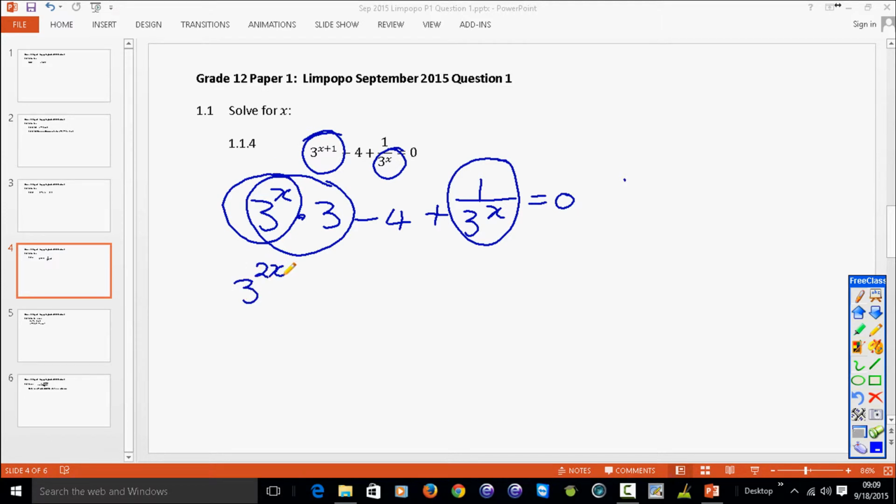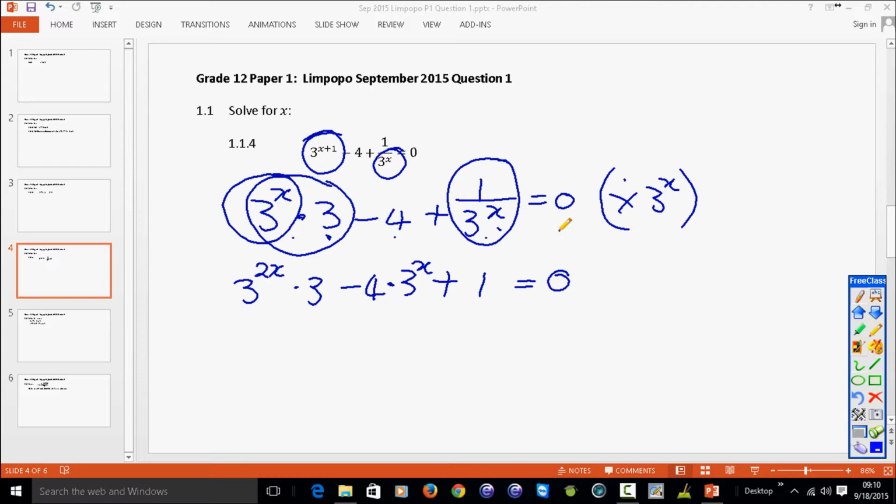We get 3 to the power 2x times the 3 that you have over there, minus 4 times, remember we are multiplying by 3 to the power of x, 3 to the power of x, plus, if you multiply this one by 3 to the power x, they cancel and you have only 1. And 0 times 3 to the power x is 0. So every term we multiply by 3 to the power of x.